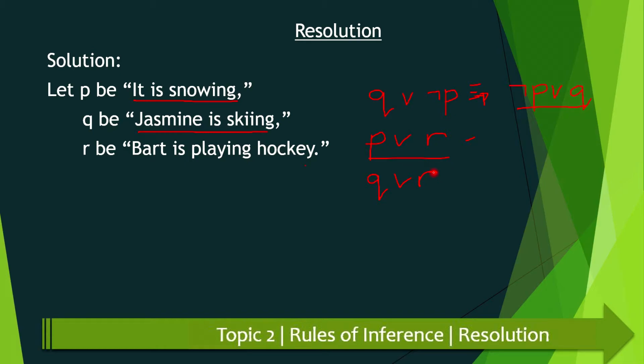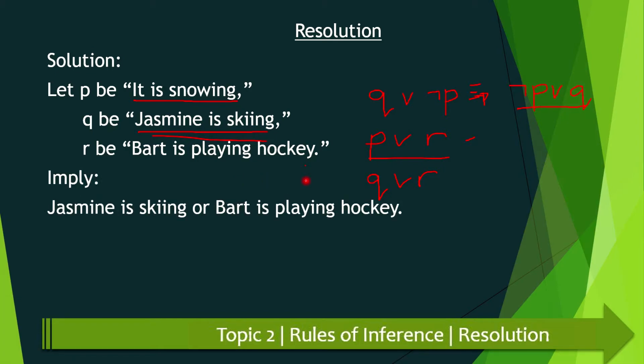And Q or R is Jasmine is skiing or Bart is playing hockey, which is the conclusion that we must attain. So that is how we are going to solve the resolution.